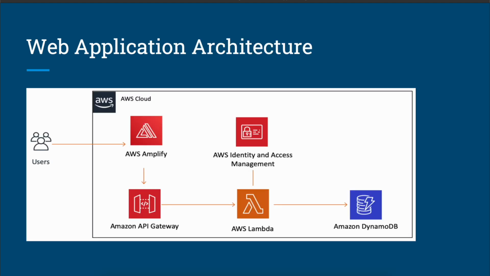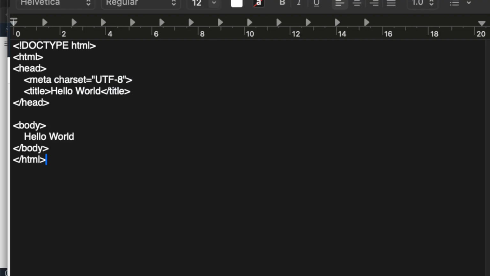So for this web application project, here is a brief overview of the architecture of what it would look like once we've done it and how they've all interlinked with each other. For this step, we'll need to copy and paste some HTML code into our text editor. I'll be linking this HTML file in the description box below.